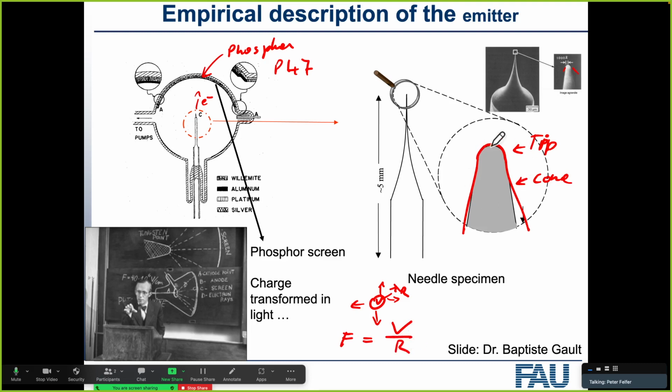And because we have this tip on cone, the field that we have equals voltage divided by some fudging factor times r. The question is where?